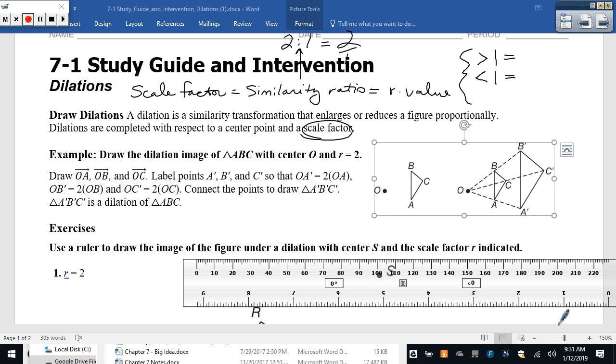So if my similarity ratio is 1 to 3, that's the same thing as saying 1/3. It's actually 1/3 the size of the original. If any of those numbers are 1, what do we know about the shapes?